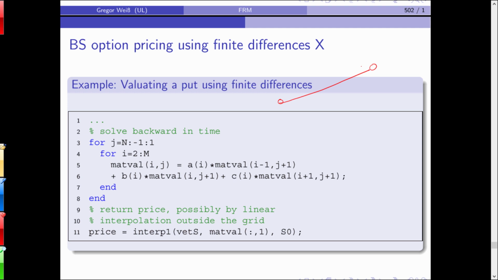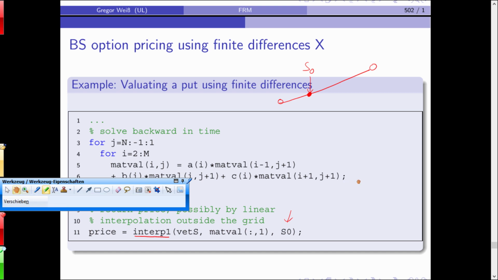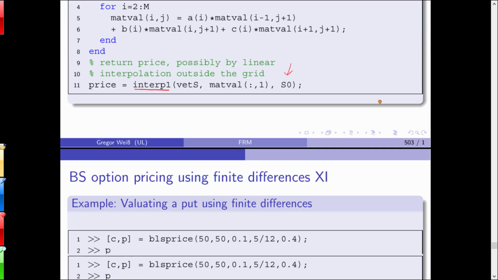And you take those values and you try to evaluate this at S2. For example, if S0 is here, then you know this is the price. This is why you need to interpolate here. This is the basic idea of finite differences.